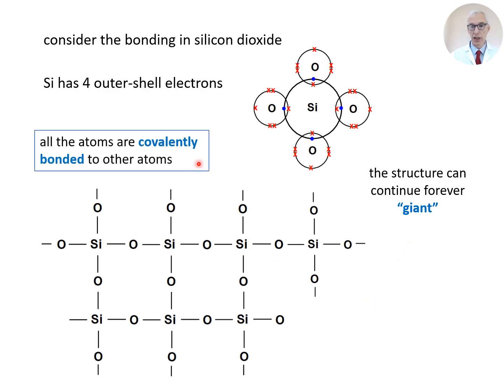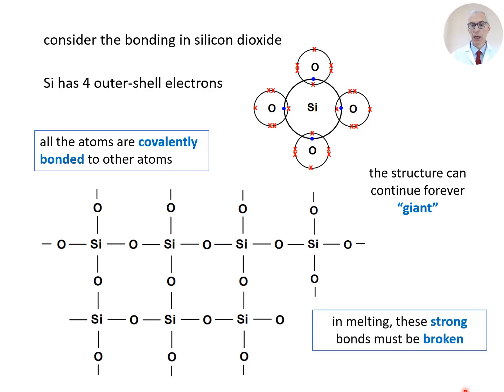All of the atoms in a giant covalent structure are covalently bonded to other atoms. In melting, these covalent bonds, which are strong, must be broken.